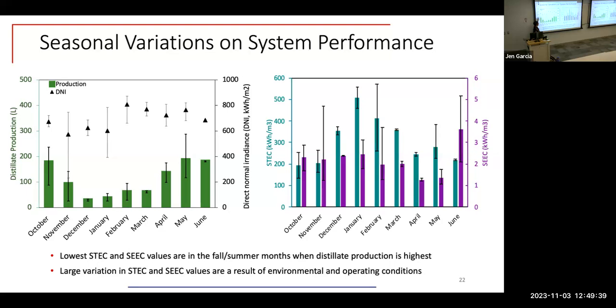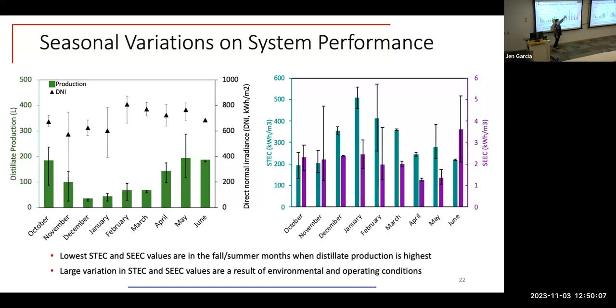And what we see is that we can see a trend here, at least for our distillate production. We have the lowest distillate production in these winter months, when we have the lowest amount of energy available. Our days are shorter, and to an effect, we have less DNI. And then we can also see that our specific thermal energy and our specific electrical energy have an inverse relationship.